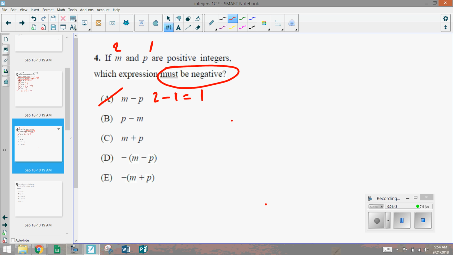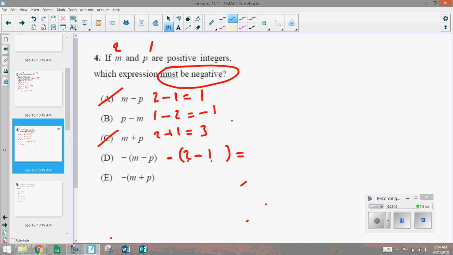It's gone. P minus M. 1 minus 2 is equal to negative 1. It's okay. M plus P, 2 plus 1 is equal to 3. It's not negative. Negative, open parentheses, M is 2 minus that minus P. What is P? 1.